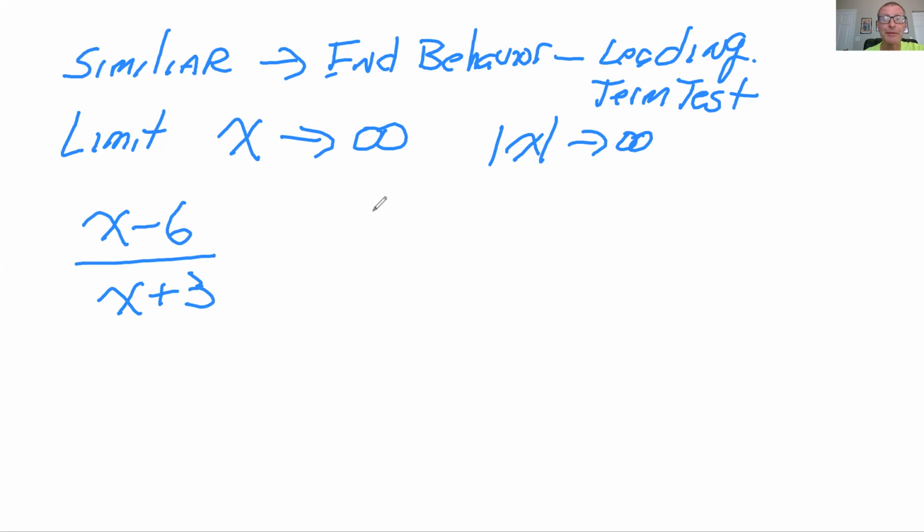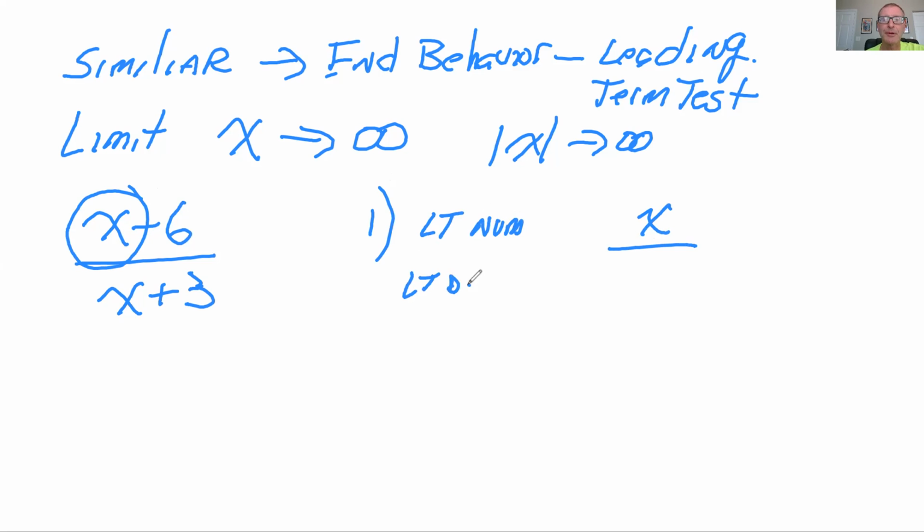So the first question you ask yourself: what is the highest degree of both the numerator and denominator? Well, they're both 1. And so then what is the leading term for the numerator? That would be x. So you put that on top. And what's the leading term for the denominator? That's also x. So you put it on the bottom.